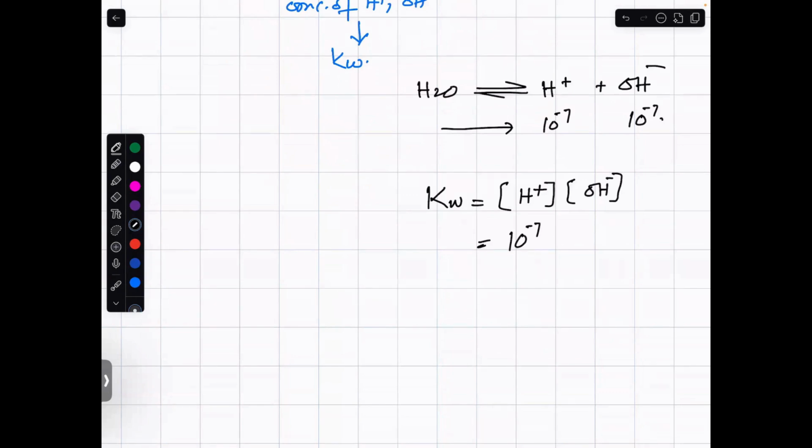So KW is what? 10 power minus 14 mol square dm minus 6 at 25 degrees Celsius. Right?